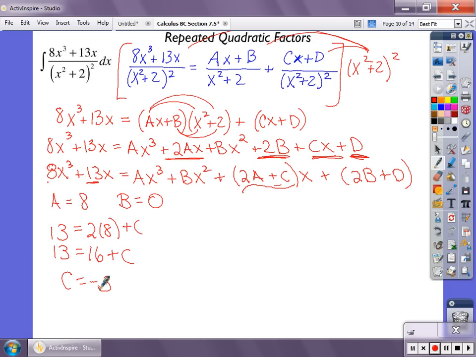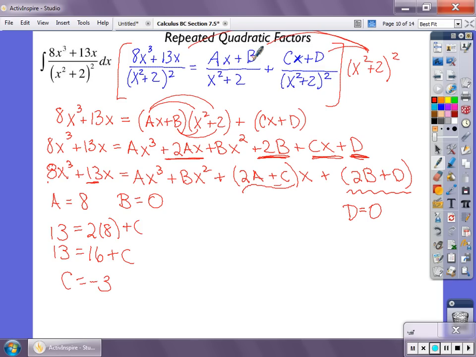And then finally, 2b plus d, the constant is 0 over here. We know b is 0, so therefore d must be 0 as well. And so coming back up to your partial fraction decomposition, a is 8, b is 0, c is negative 3, and d is 0.